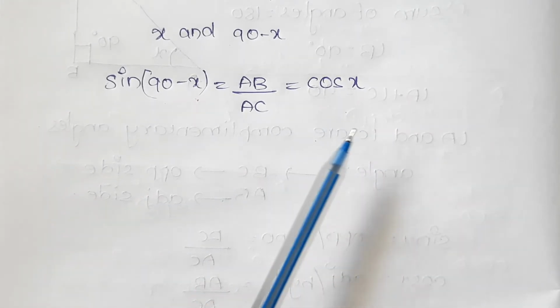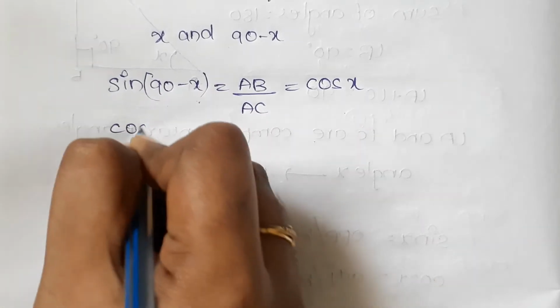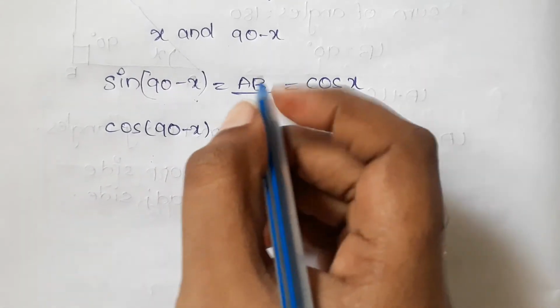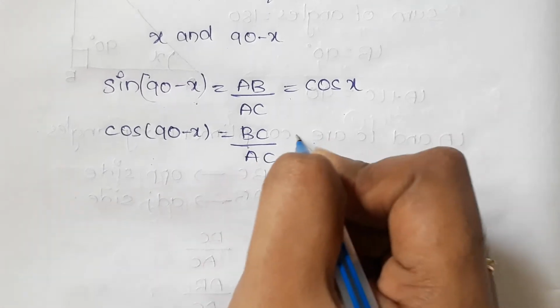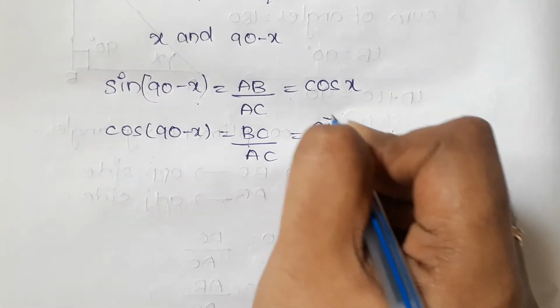Similarly cos 90 minus x is BC by AC, which is sin x.